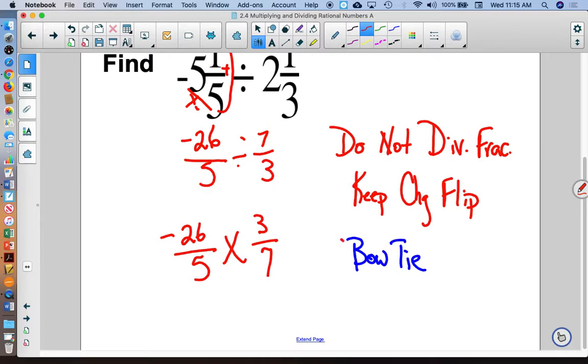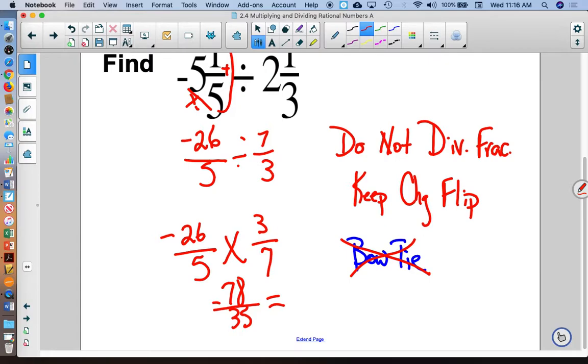So what is negative 26 times 3? What is negative 26 times 3, Jaslyn? 78/35. Well, what's that? It's a mixed number. 26 times 3 is 78, and 5 times 7 is 35. Do I leave my answer that way?